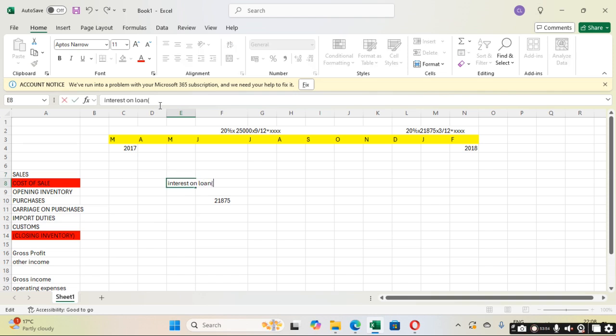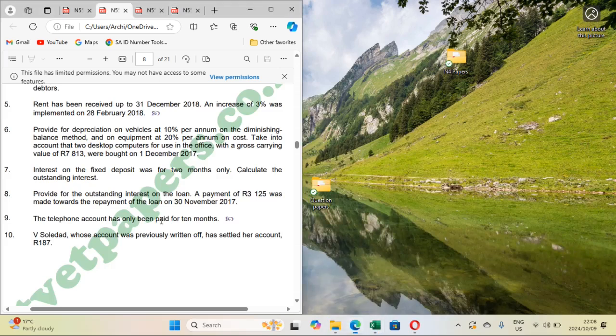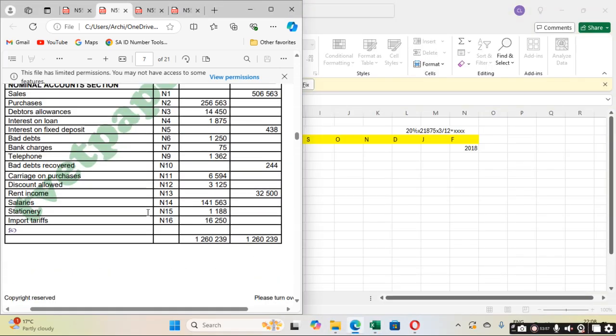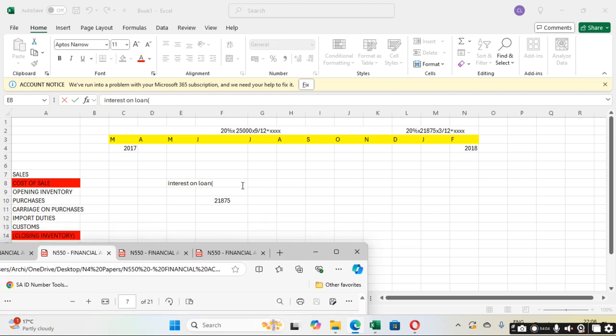In brackets, simply what you're going to do, you're going to take the amount on the trial balance, which is your interest on loan, this 1,875, and then you're going to add something so that you can get the total amount you got when you added this plus this. So let's say, for example, that answer is 10,000.